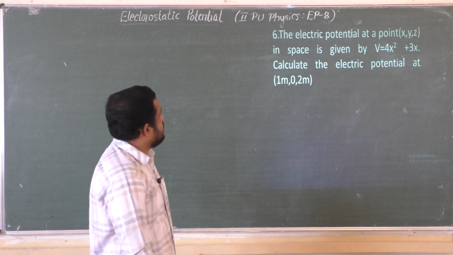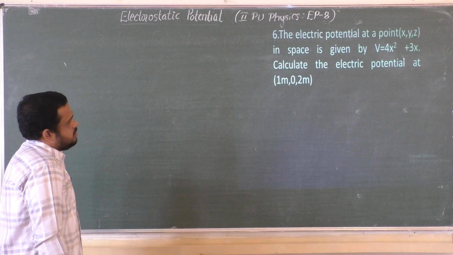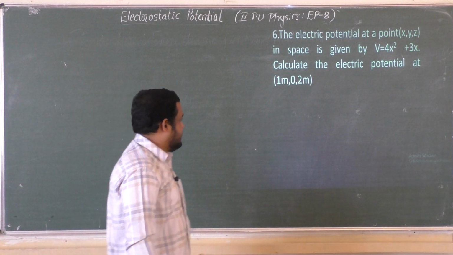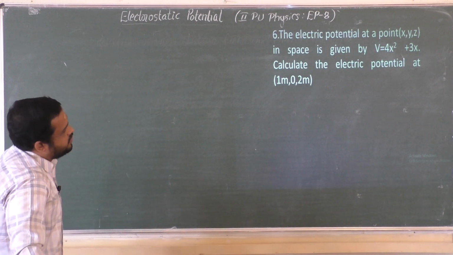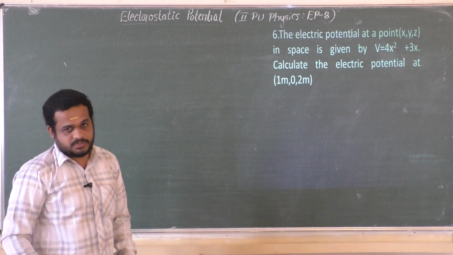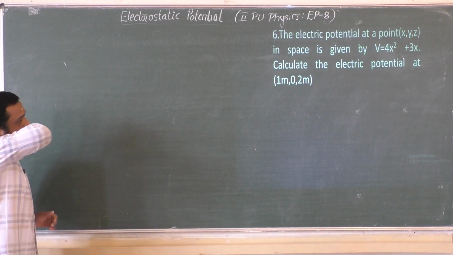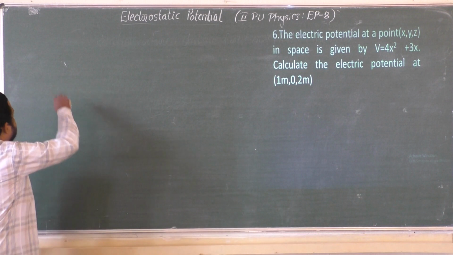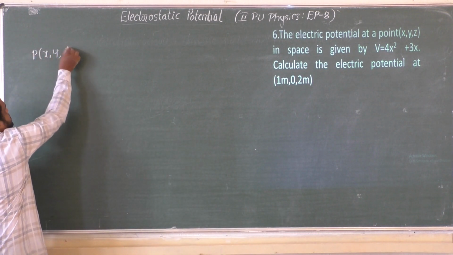Now, the electric potential at a point x, y, z in space is given by the equation V is equal to 4x square plus 3x. See, potential is expressed in terms of an equation at a point P, that is x, y, z.